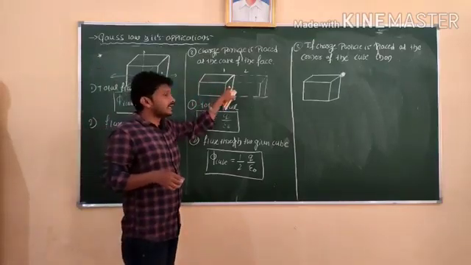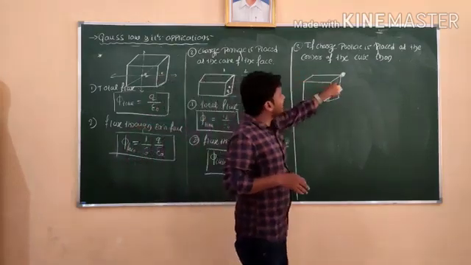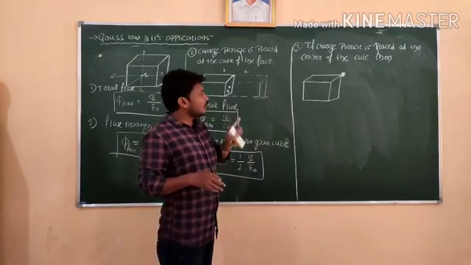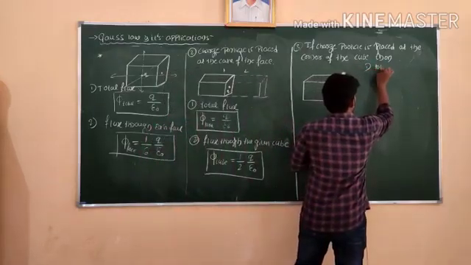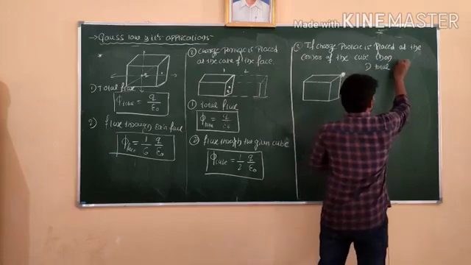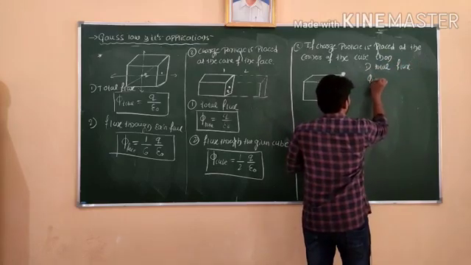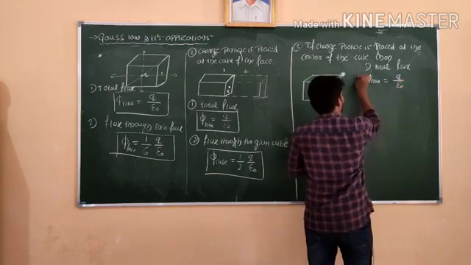In the second case I considered the charge particle at the center of the face. Now here I consider the charge particle at the corner. So what is the total flux? The total flux value phi total is Q by epsilon naught.